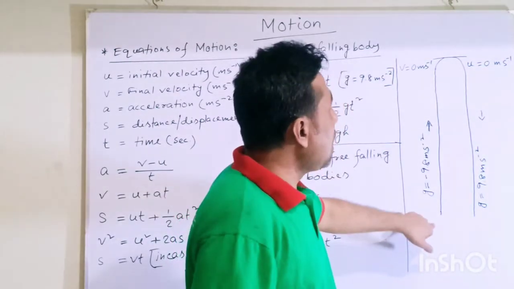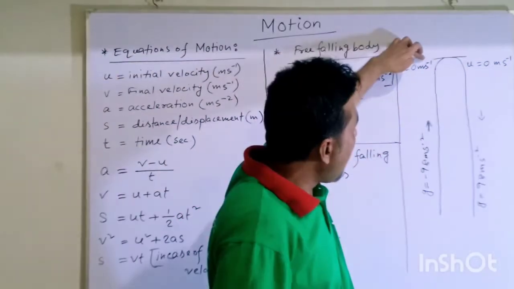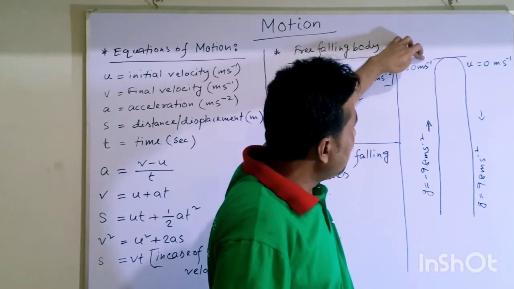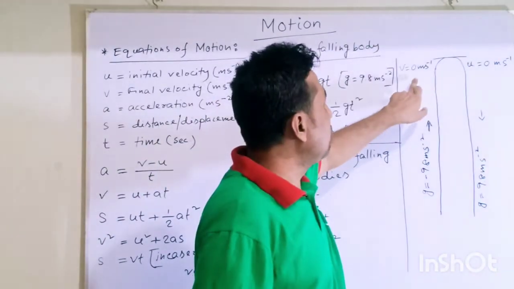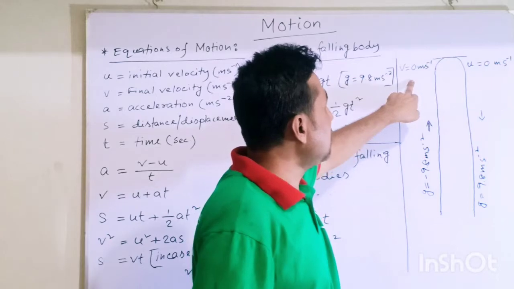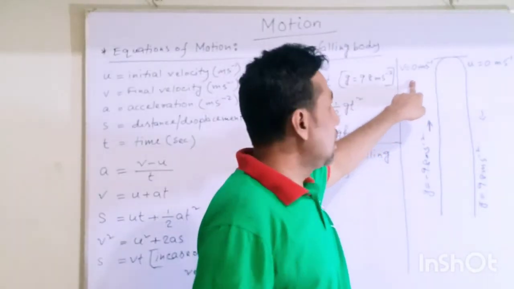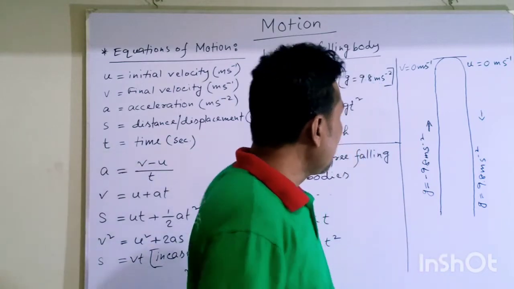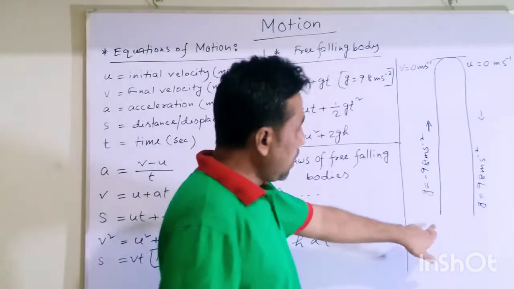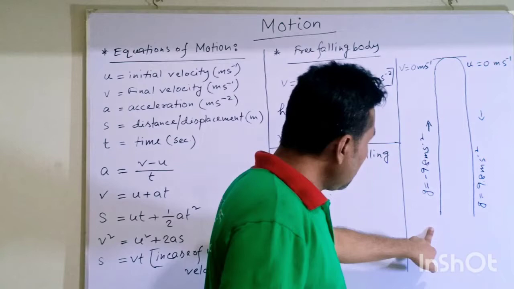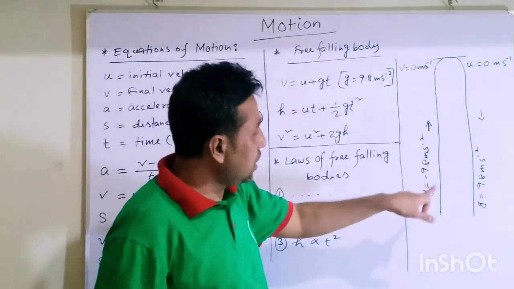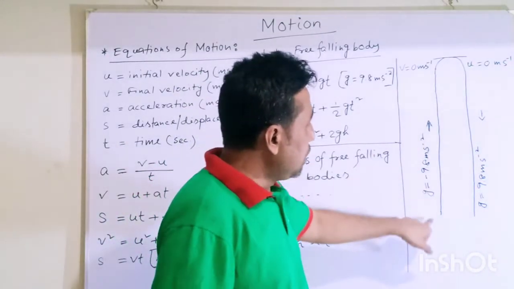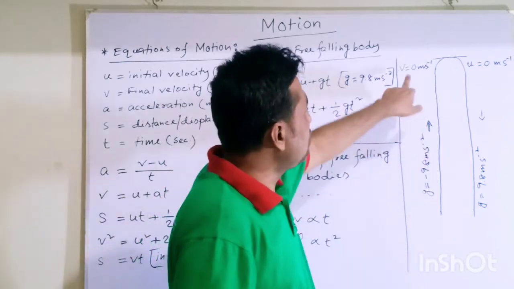Then when the object reaches the maximum height, the final velocity will become 0. It means the object doesn't have any velocity. Then it will start to fall to the ground again. So when any object is thrown from the ground vertically upward, initial velocity cannot be 0, final velocity will be 0.